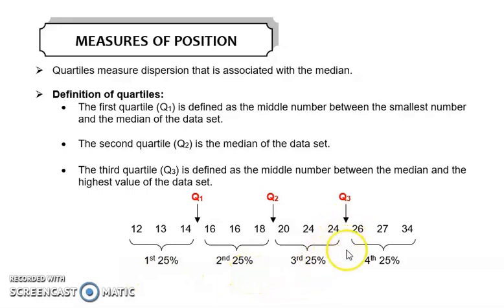Up to Q3 is our third 25% of data, so from the smallest number to Q3 is a total of 75% of our data. Lastly, the fourth 25% brings us to a total of 100% of our data. Later we will look at an example of how to find Q1, Q2 and Q3.